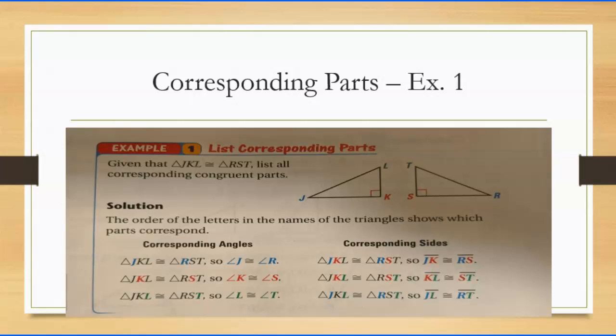Like, I cannot say that triangle JLK is congruent to triangle TSR. Now, hopefully, y'all are sitting there asking, well, why? They're the same triangle. It is extremely important to name them so that we have named them as mirror images.